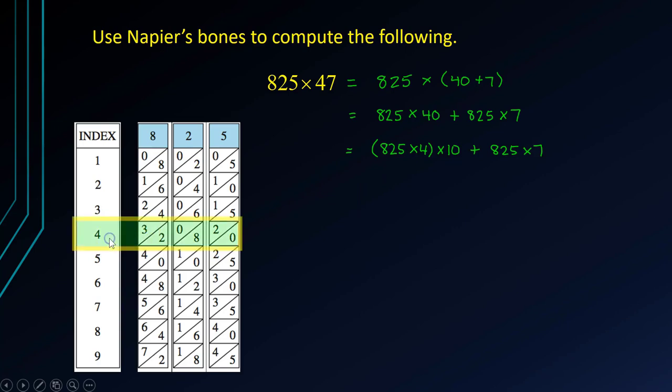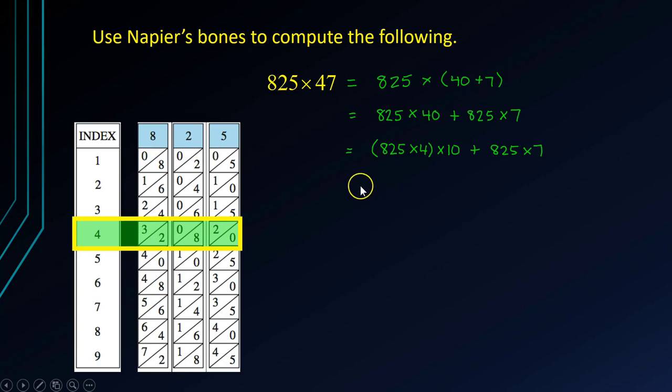So I'm going to look at the index here, and I can see the numbers that are here. Now, when I look at these lattices, I'm going to go by diagonals. So this diagonal would be the ones position. This would be the tens position. This would be the hundreds position. This would be the thousands position.